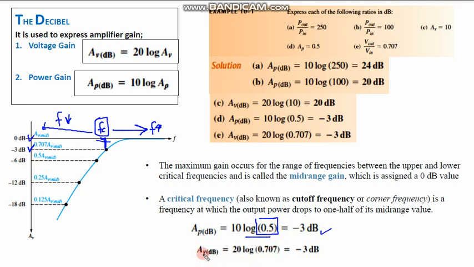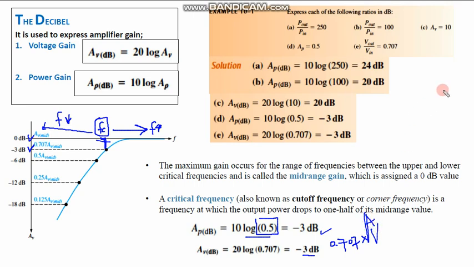When you talk about the voltage gain, the voltage gain drops by -3 dBs, which corresponds to a 0.707 ratio. You can see 0.707 times your initial voltage gain, whatever it was, we can define this as AV.